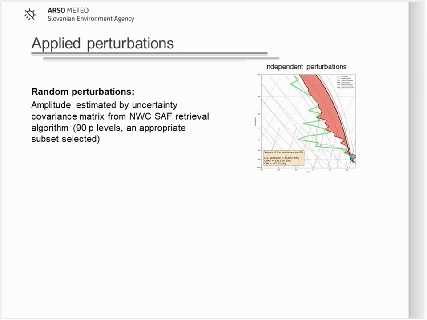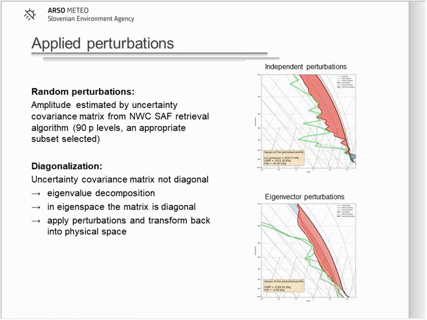Now, we used the uncertainty covariance matrix from Nowcasting staff retrieval algorithm that shows us the uncertainty of temperature and dew point temperature at each level that we look at. This retrieval has 90 pressure levels, and we just selected an appropriate subset for each profile. The perturbations at each level are not independent, and this makes the whole thing a little bit complicated.